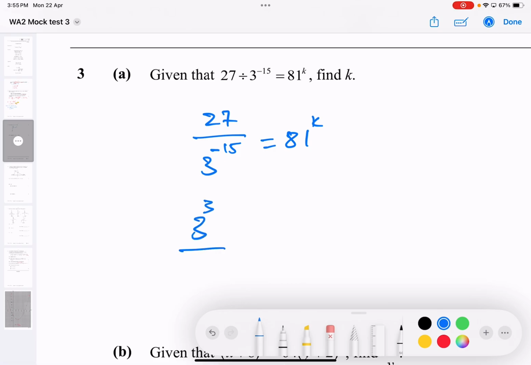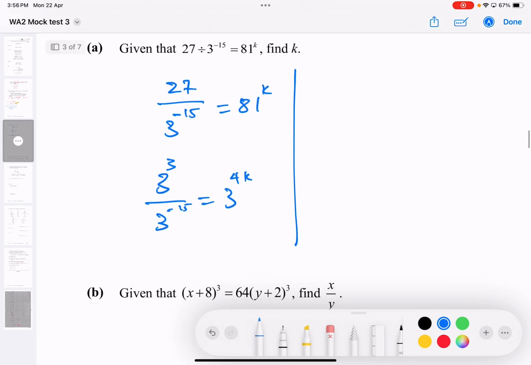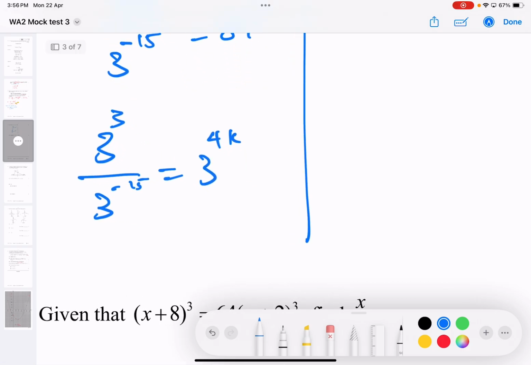Okay, so I have 3 to the power of 3 divided by 3 to the power of negative 15 is equals to 81k. 81, Danielle? 81 is 3 to the power of what? 4. So 3 to the power of 4k. Once you get here, how do I simplify the left hand side? I have base 3 divided by another base 3.